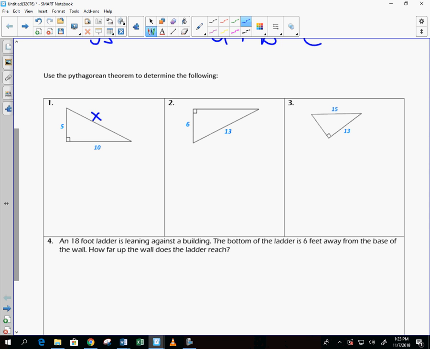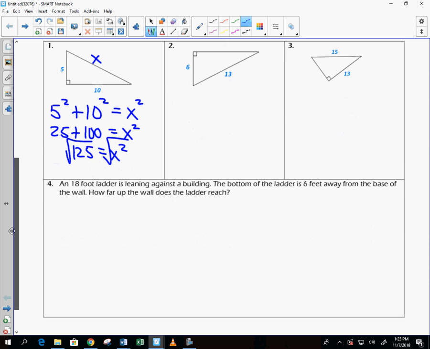I set it up. 5 squared plus 10 squared is x squared. 5 squared is 25. 10 squared is 100, equals x squared. 125 is x squared. I square root both sides at that point, and I come up with x is the square root of 125.